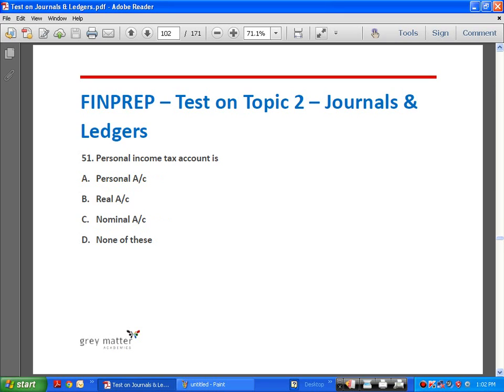Personal income tax account. In case of a sole proprietor, a personal income tax account is drawings, which means it represents drawings of cash from the business in order to pay the personal income tax of the proprietor. So personal income tax account is an account that represents the personal transactions of the proprietor. So it represents a person, it represents the proprietor. So it is a representative personal account.